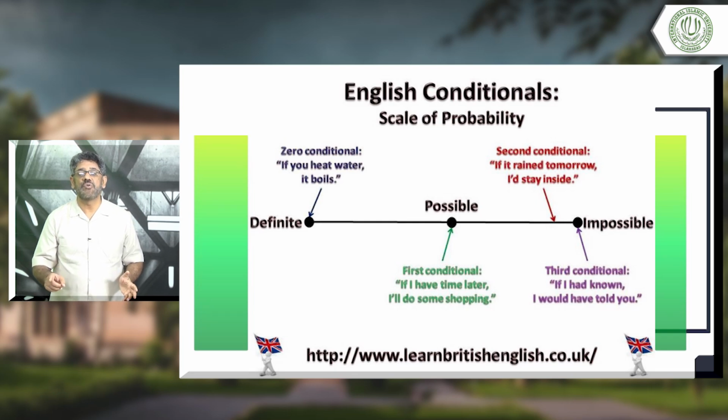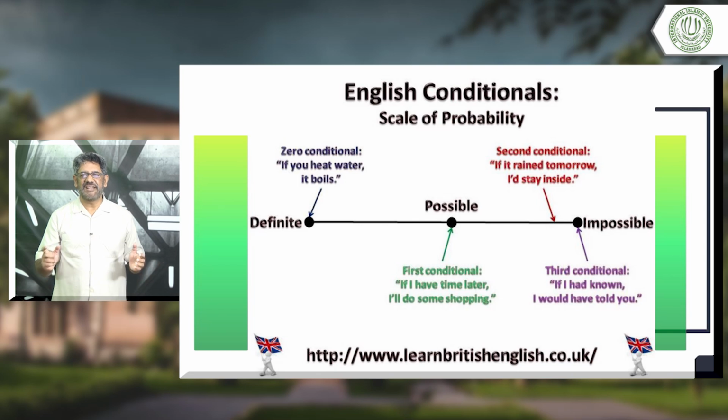If it rained tomorrow, I would stay inside. I'd stay inside. Now what is this? Second conditional. This means the weather forecast report has told me there is no chance of rain tomorrow. That's why it is unlikely. If it rained tomorrow, I would stay inside. It may rain, we don't know, but that's something unlikely.